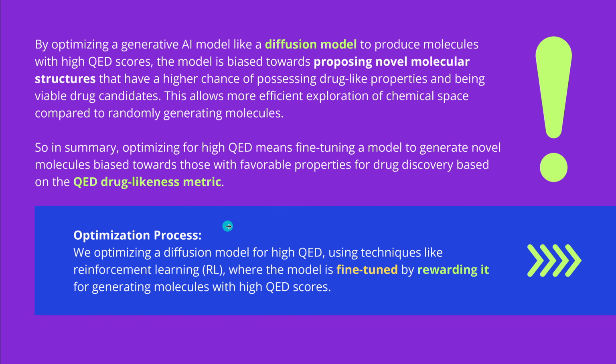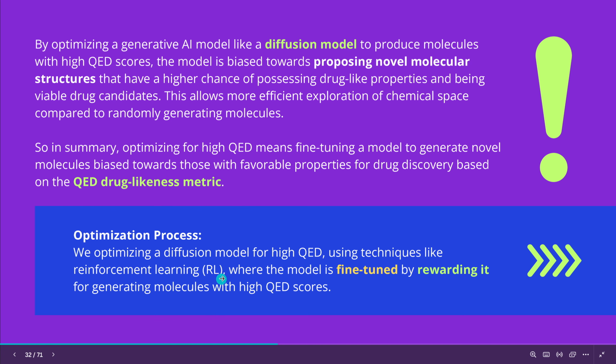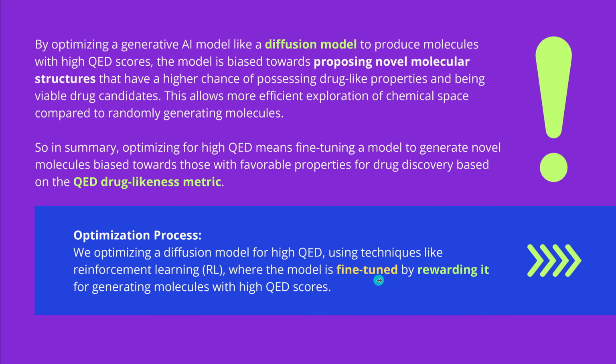So we optimize a diffusion model for a high QED score, and we use techniques like reinforcement learning, where the model is fine-tuned after the pre-training phase by rewarding the model for generating molecules with a high QED score. This is it. This simple sentence defines the new ideas going forward.